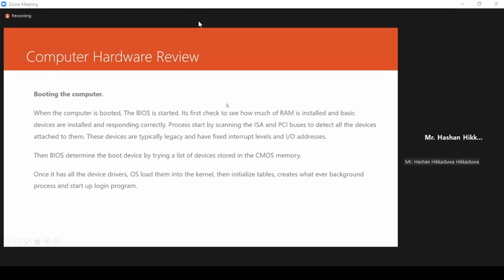Then booting the computer. When the computer is booted, the BIOS is started. It first checks how much RAM is installed and whether the basic devices are installed and responding correctly. Then the process starts by scanning the ISA and PCI buses to detect all the devices attached to them.